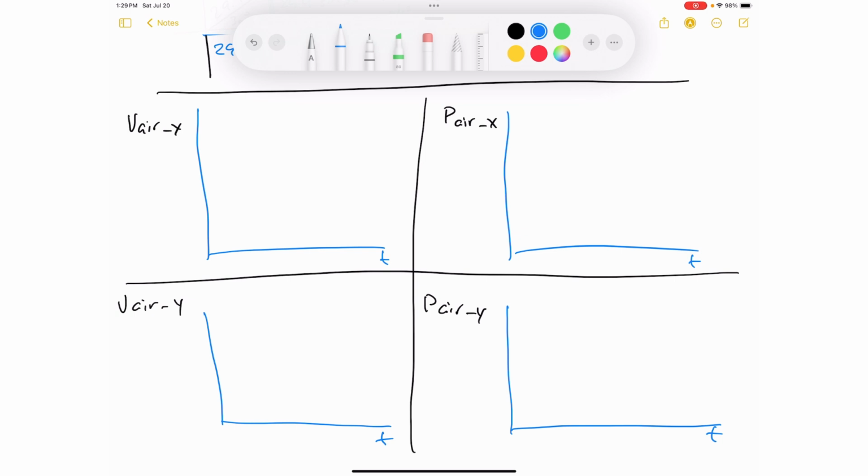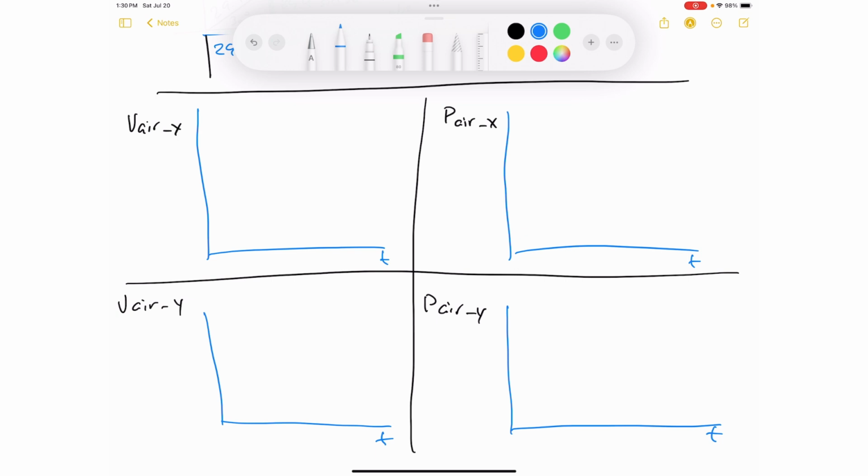The velocity of the airplane in x, so this is our x. Remember, you want to take your different motions, velocity, acceleration, position, and separate those into the different components: your x component, your y component, and your z. The x is horizontal, right? So what is his initial velocity in x?